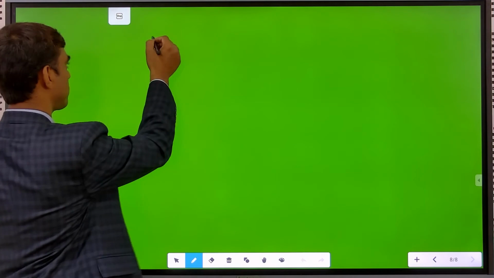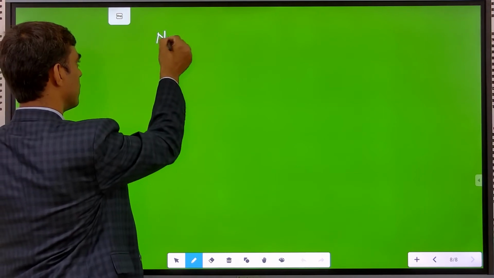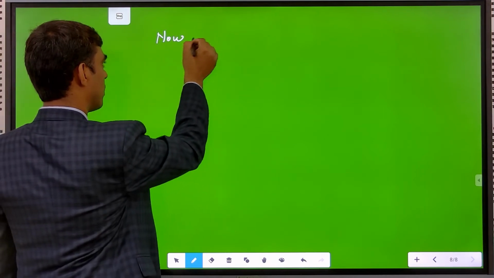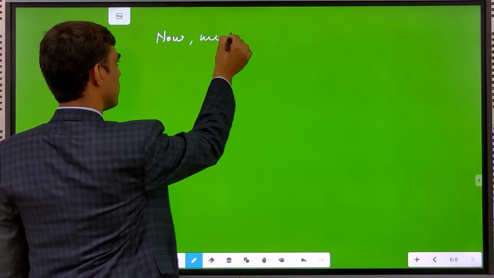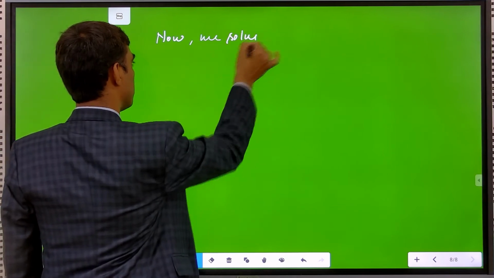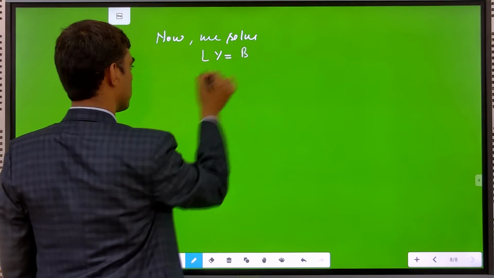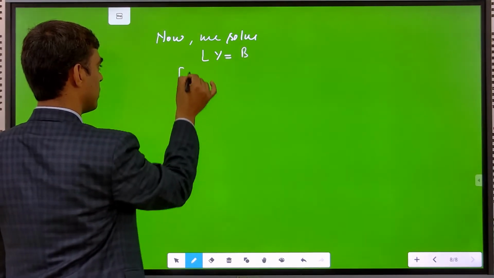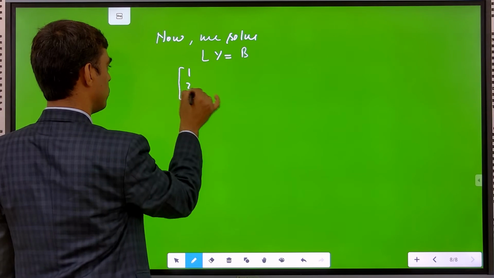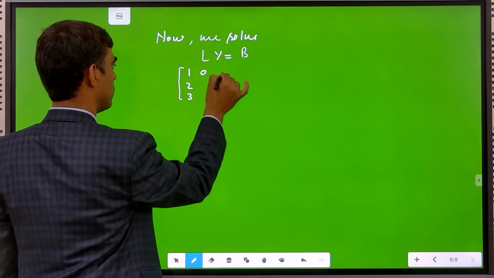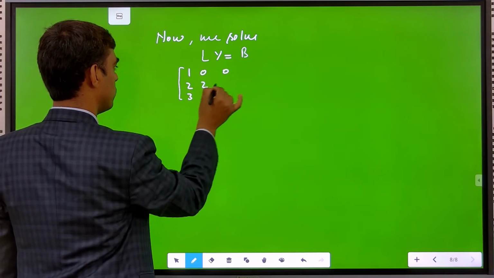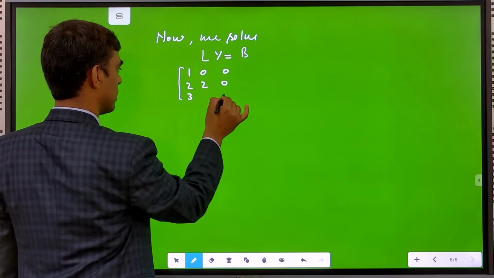So now we try to solve Ly equal b. L is 1, 2, 3 in the first column, 0, 2, 8 in the second column, and 0, 0, 3 in the third, so L is the matrix with rows 1, 0, 0; 2, 2, 0; 3, 8, 3.